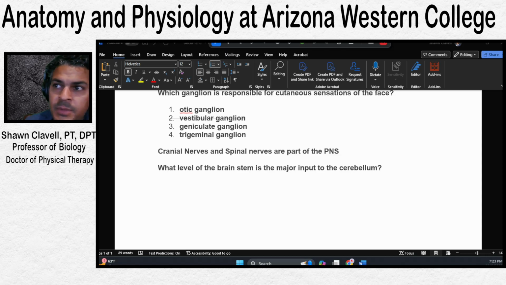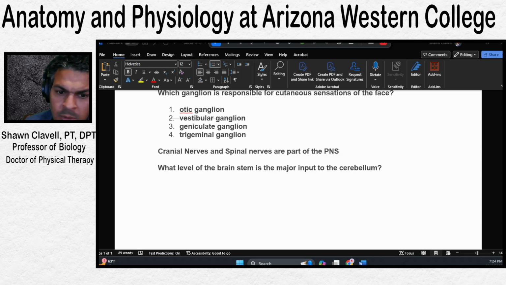What level of the brainstem is the major input for the cerebellum? Input, okay. That might give us some information there, the input. What level of the brainstem?